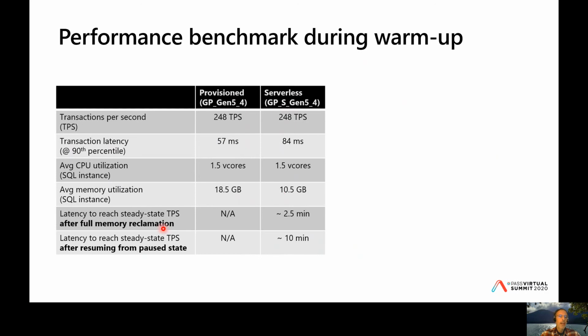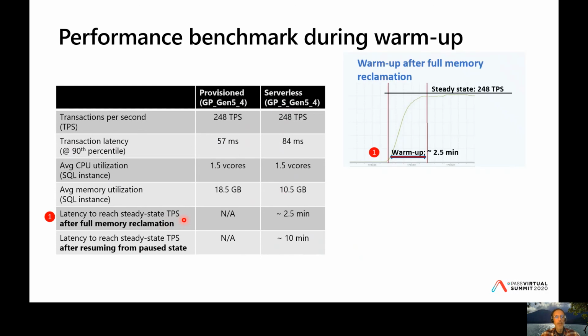Then next, we looked at the latency for the serverless database to reestablish its steady state throughput, first after a full cycle of memory reclamation.